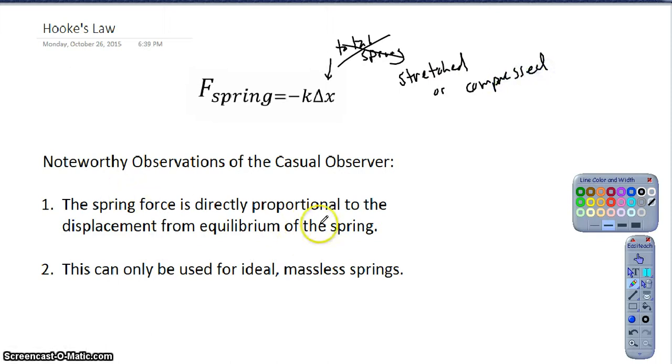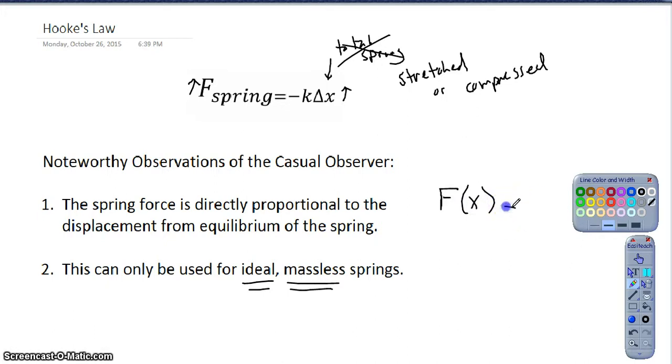And then the spring force is directly proportional to the displacement. That makes sense, right? The displacement goes up, then you would expect the force to go up as well. This can only be used for an ideal massless spring. We will see some springs where they are not ideal or they are not massless. Now, for most of those springs, like I mentioned on the last page, they'll give you a function.